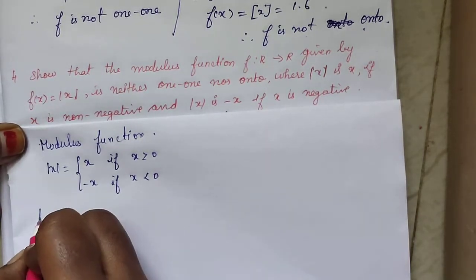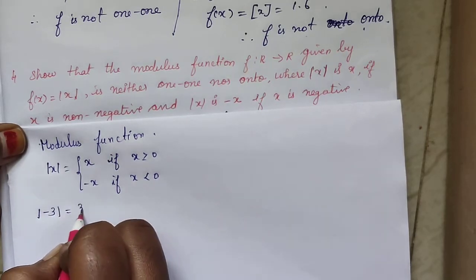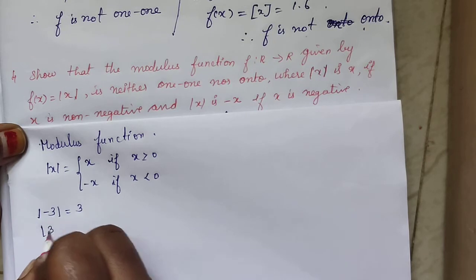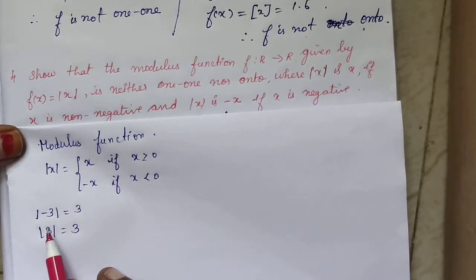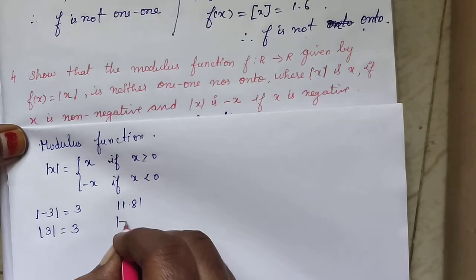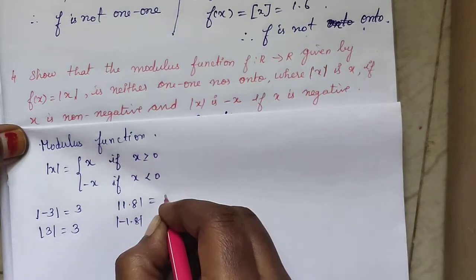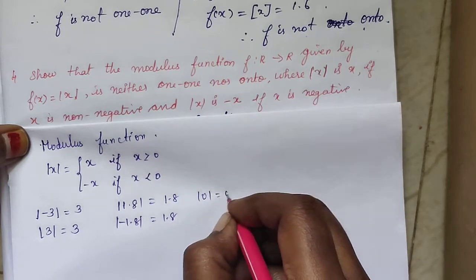That means modulus of minus 3 is also 3 only. Modulus of plus 3 is also 3. So whatever value we give inside the modulus, the result will be positive only. Even for decimal numbers, whatever it may be, the result will be positive.